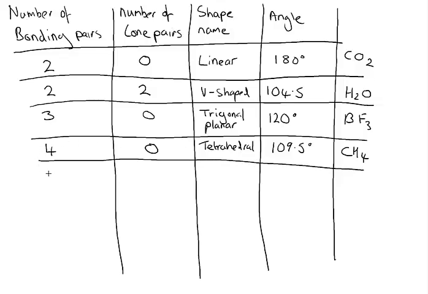And then we could have six bonding pairs, no lone pairs, and that would be octahedral, and the bond angle is 90 degrees, and an example of that is sulfur hexafluoride.